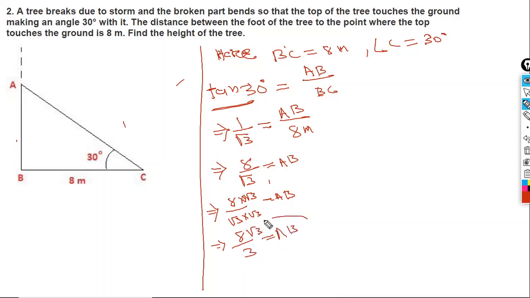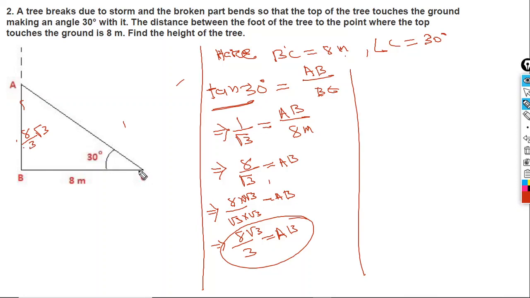So we got the length of AB, 8 root 3 by 3. Now we can move to AC.